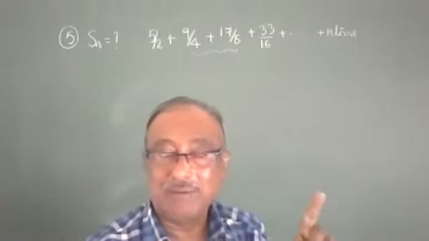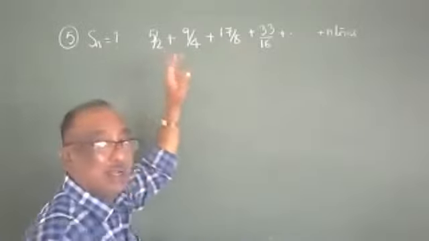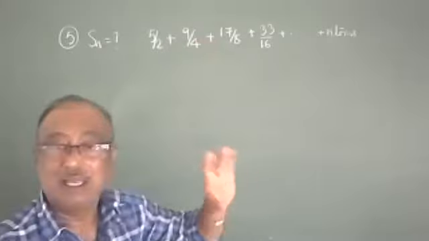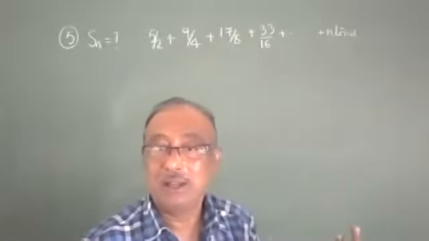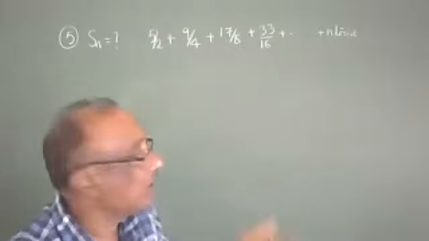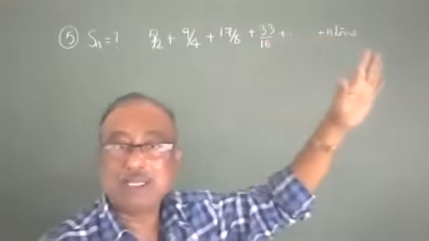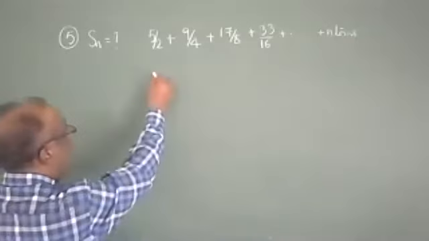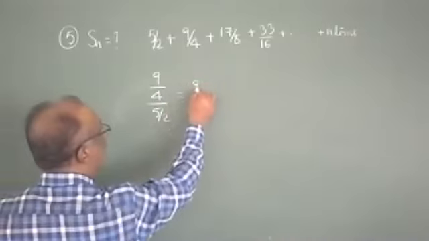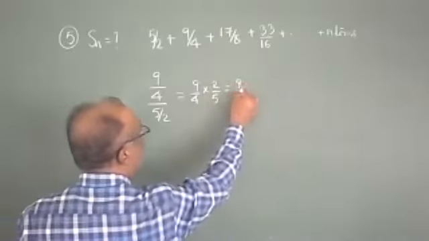Understand this point, everyone? So, the difference of the next number minus before number is minus 1 by 4. These two numbers' difference is minus 1 by 8, the difference is not the same, therefore it is not in AP. Multiplication, what number is multiplication? No common number is multiplied, because 9 by 4 divided by 5 by 2, its value is 9 by 4 times 2 by 5, which is equal to 9 by 10.